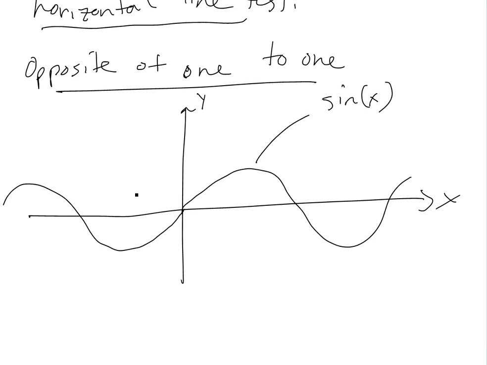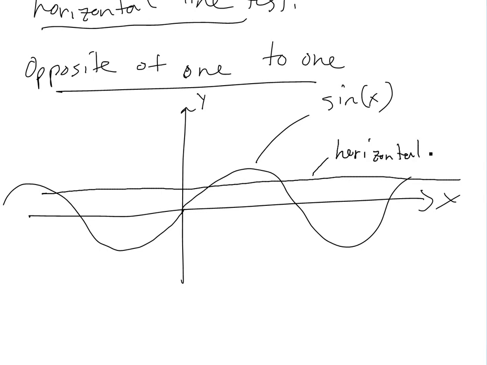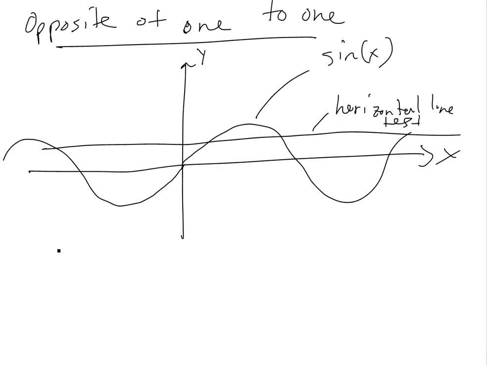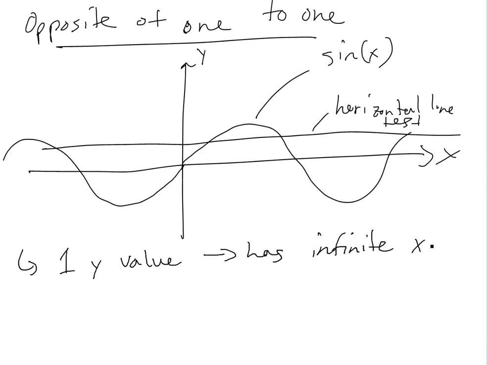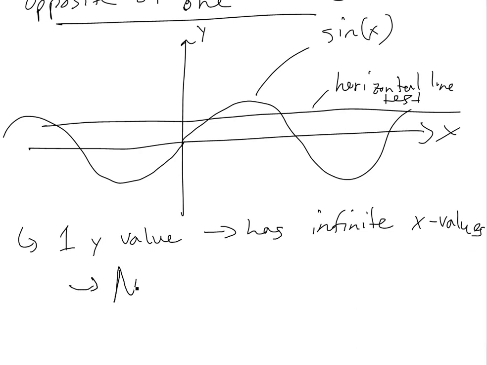If we do a horizontal line test, we'll see that for one y value, there are infinite x values. So this isn't one-to-one.